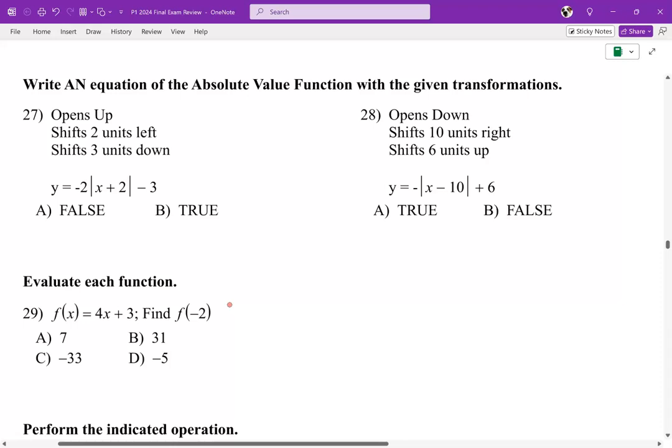So true or false? If one of these absolute value functions opens up, then my A term should be positive, correct? Notice how this A term is negative. So that's wrong. Let's just check the other two things. If it shifts 2 units to the left, should h be -2 or +2?